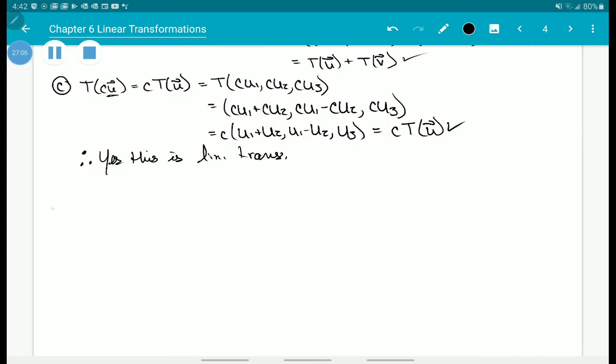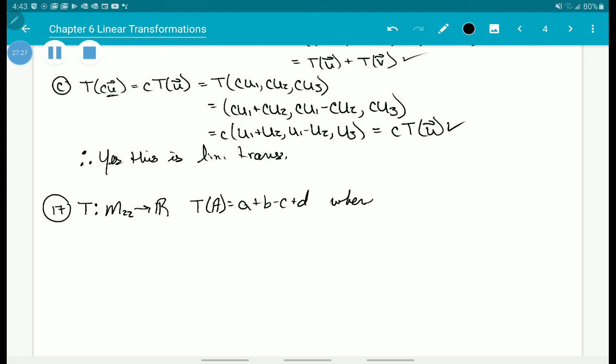And then with 17, we're looking at taking something in M22 and taking it just to a real number. So the transformation of matrix A would take a plus b minus c plus d.